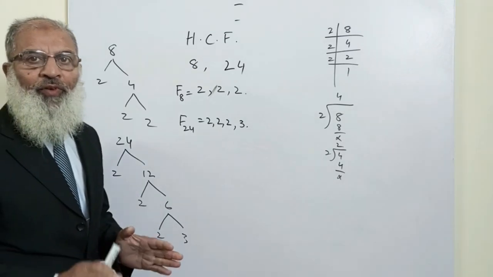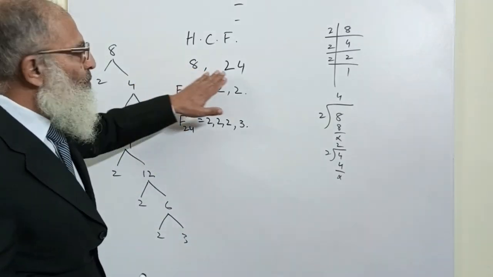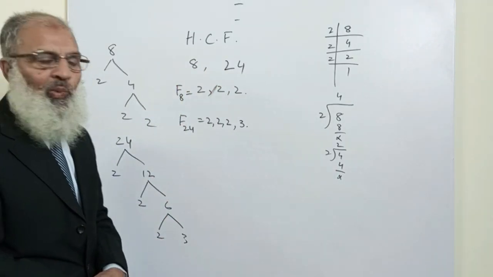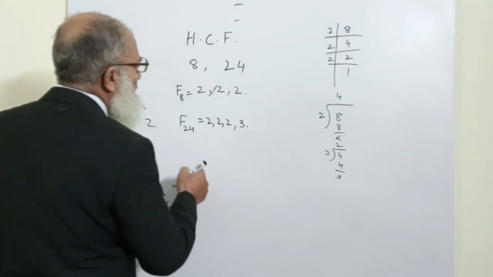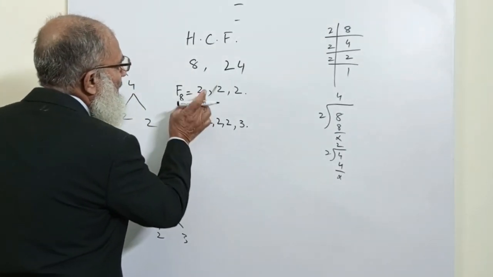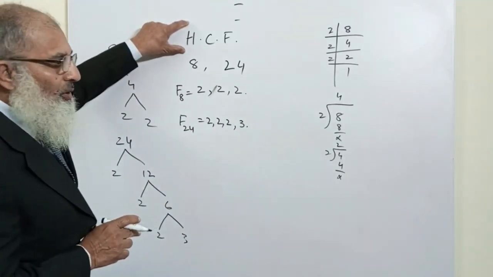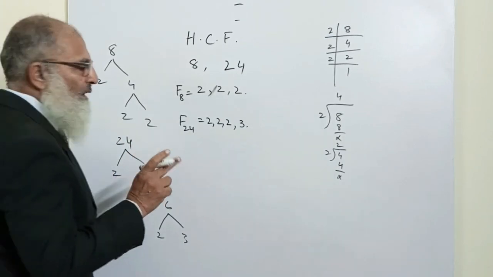So I have to find a factor which is divisible by both of the numbers. Now you see, what we have to find is the highest common factor now, not the lowest common multiple.